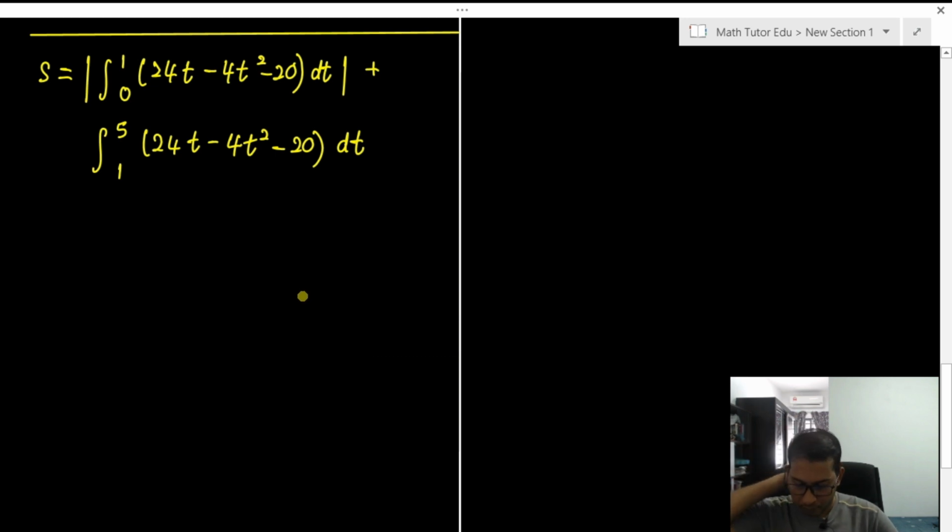Okay, so from here you perform the integration for both equations. So from here you get your s is equals to, you still have the modulus symbol.